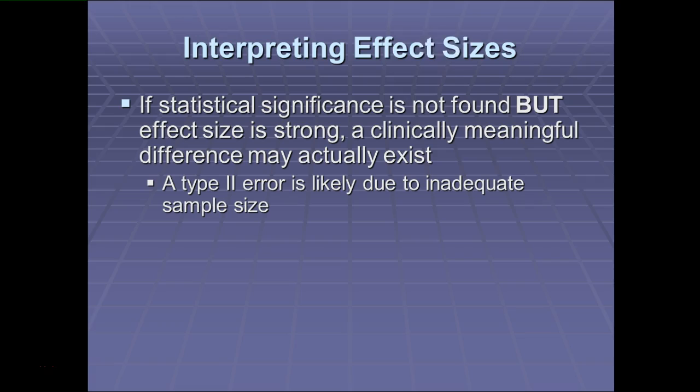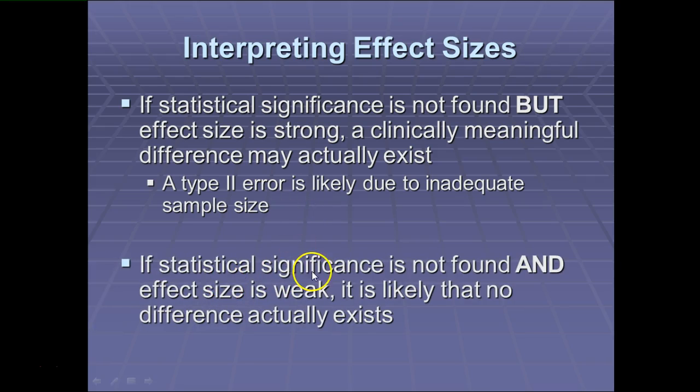One concern is that when you have a large effect size but a non-significant p-value, you may be committing a type 2 error. Remember, a type 2 error is when you fail to detect an effect that is present, and part of the reason is if the treatment groups are too small. So by increasing your treatment group size, you might actually see statistical significance in the p-value.